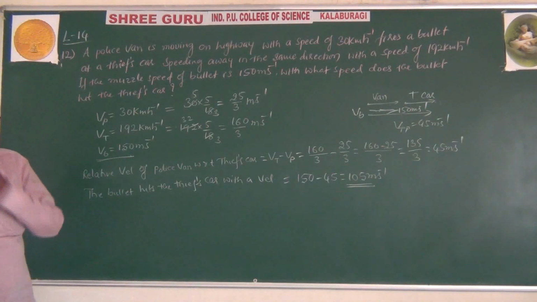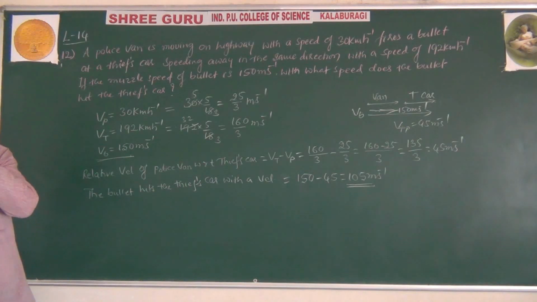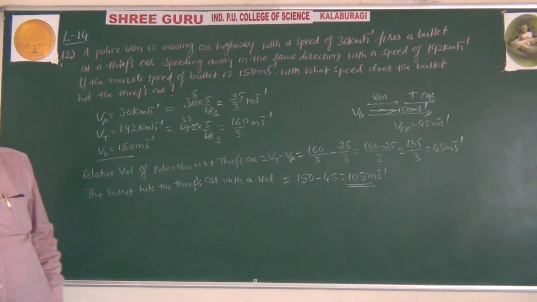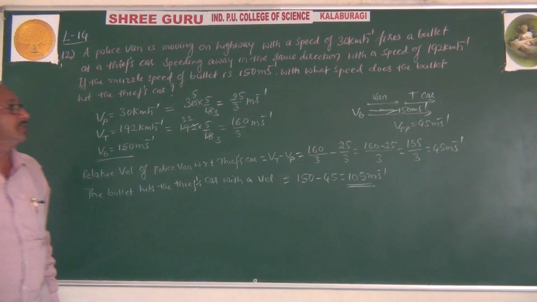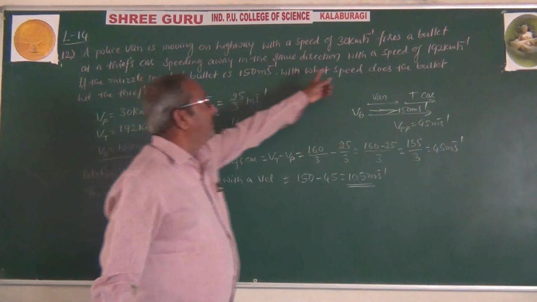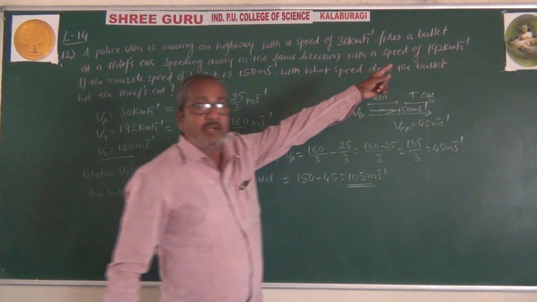Is it clear? The police van is moving on a highway with a speed of 30 km per hour, whereas he fires the bullet towards the thief's car. The thief's car is speeding away in the same direction with a speed of 192.